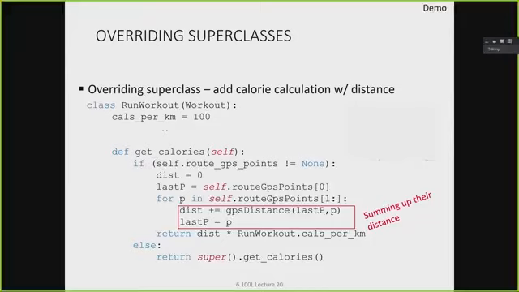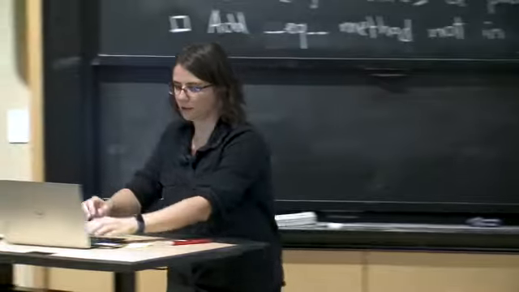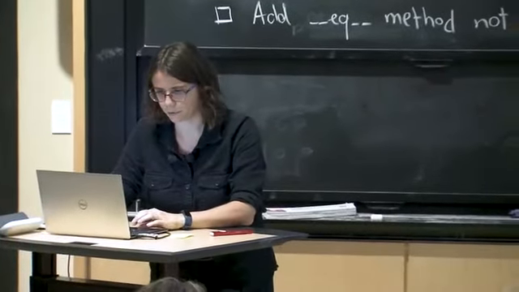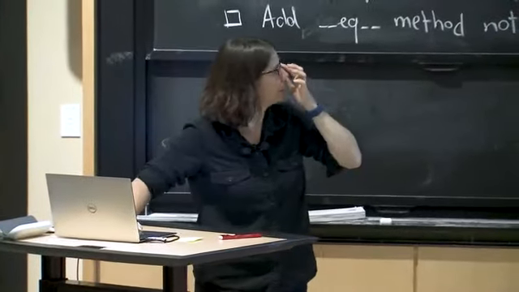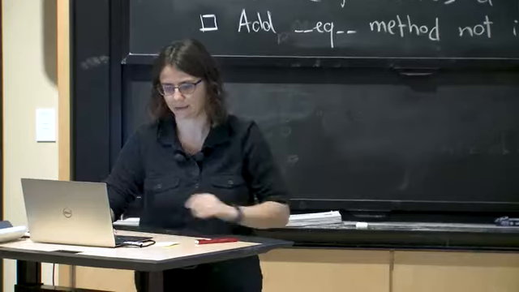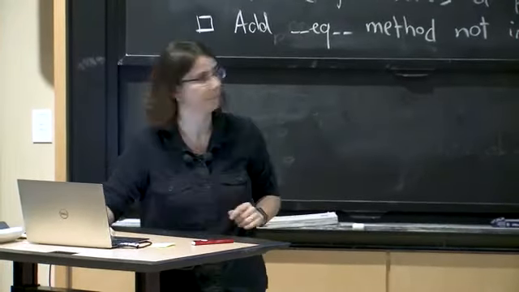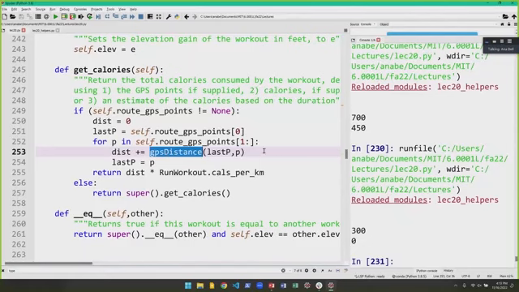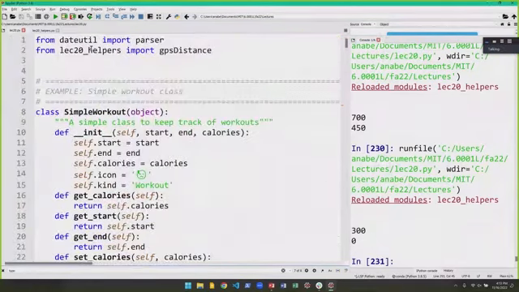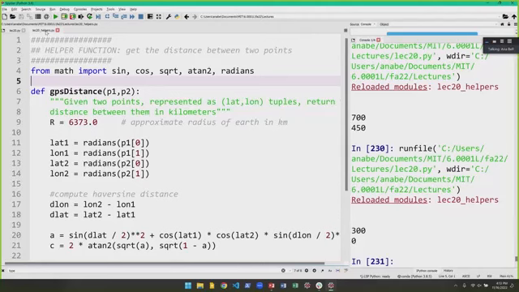Okay. So let me show you what this actually looks like, because the only thing that is sort of still mystifying here is this GPS distance. And this GPS distance is actually a function that's in this lecture helpers file, which is included in today's Python zip file. And it's just from the internet.